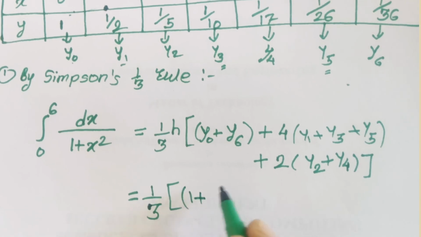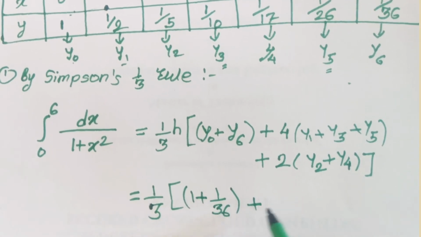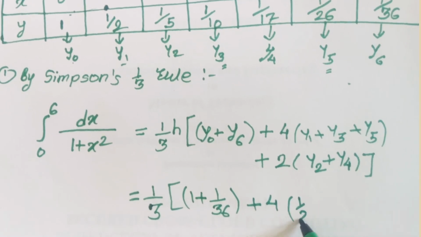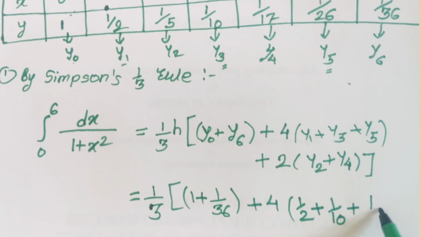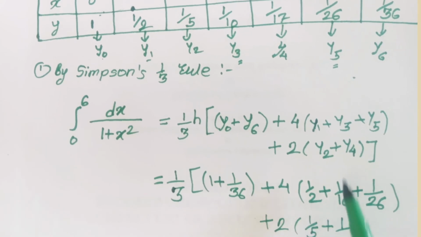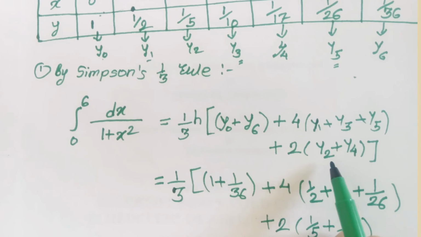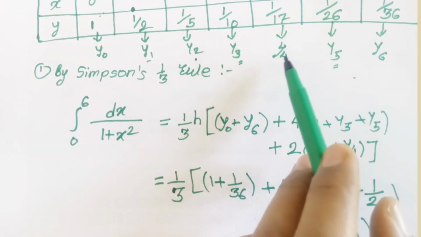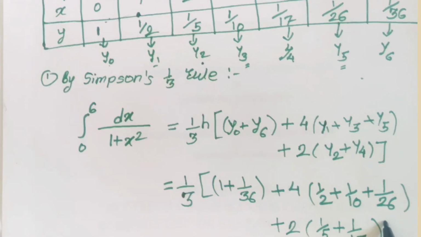So the first bracket contains 1 plus 1 by 36, plus 4 times the odd terms, 1 by 2, 1 by 10 and 1 by 26, plus 2 times the even terms: the value of y2 is 1 by 5 and the value of y4 is 1 by 17.